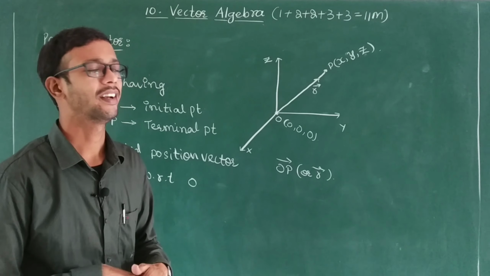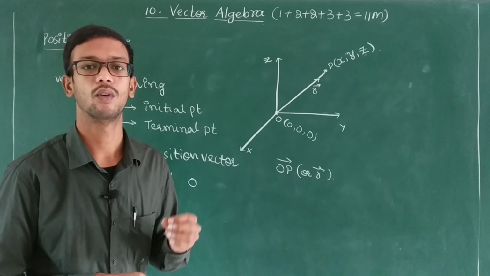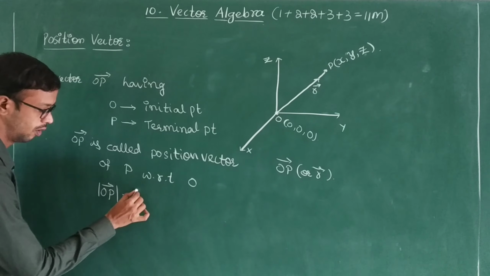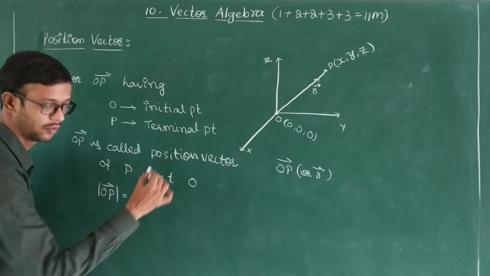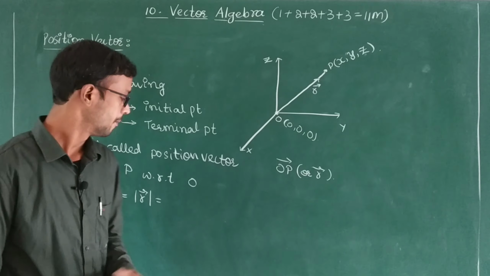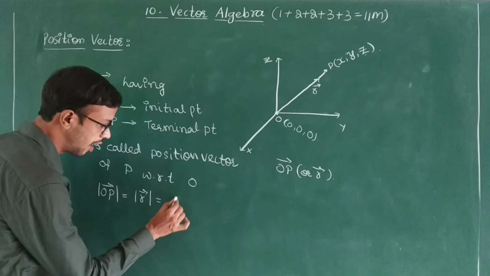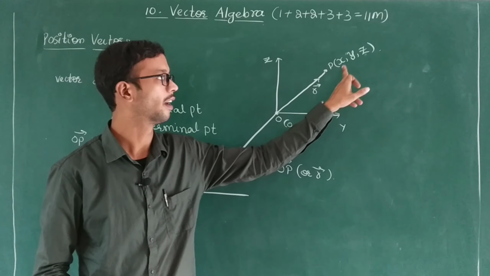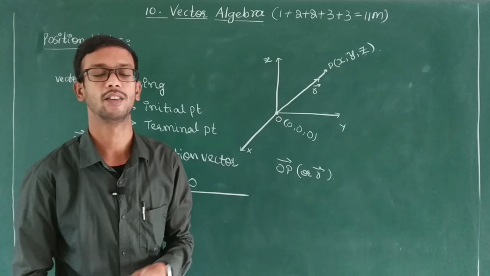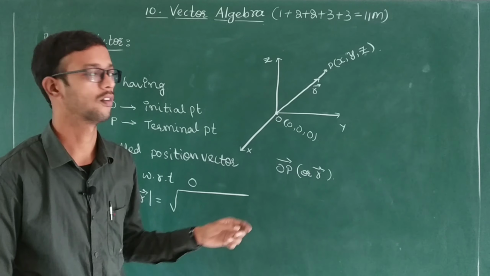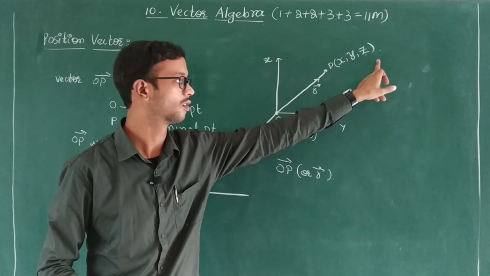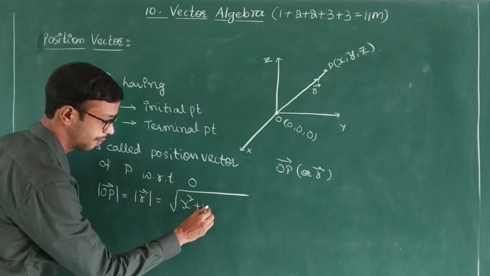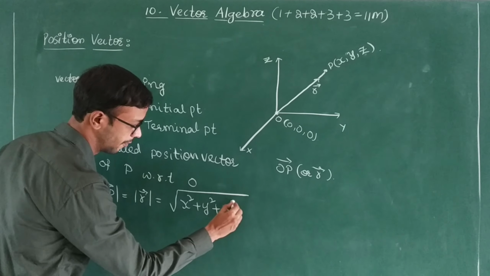Now the magnitude of OP bar, the magnitude of the position vector, is equal to the magnitude of R bar. Using the distance formula, square root of (x2 minus x1) whole square plus (y2 minus y1) whole square plus (z2 minus z1) whole square, we get x square plus y square plus z square.